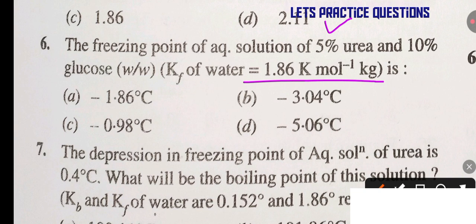Same case goes for glucose. We have to first calculate the moles of glucose, then mass of glucose, then molality of glucose. Then we will add this molality value. Let's solve the question.